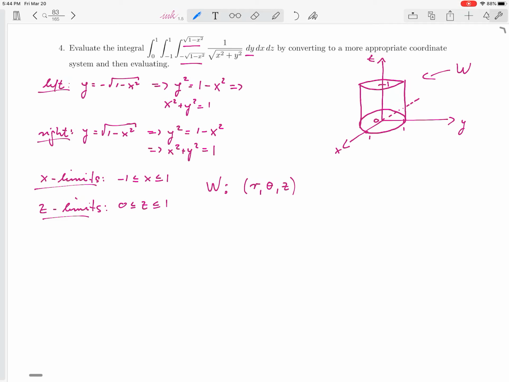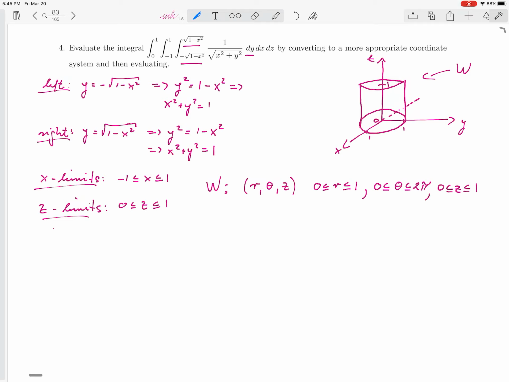And we have r goes from 0 to 1. Theta, we have complete circular symmetry, so we are going all the way from 0 to 2 pi. And z, as we said, we are starting at z equals 0 and going up to z equals 1. So those are going to be our limits of integration.